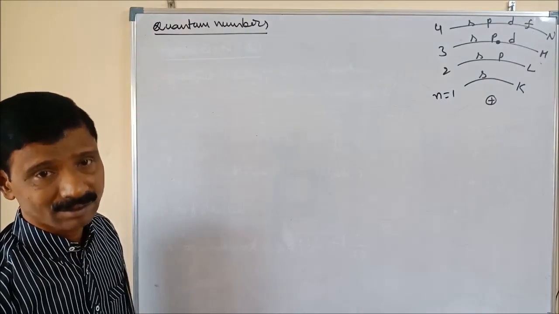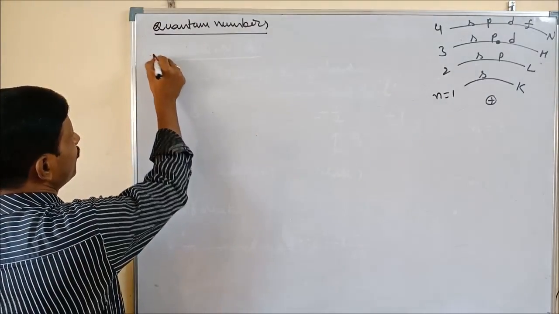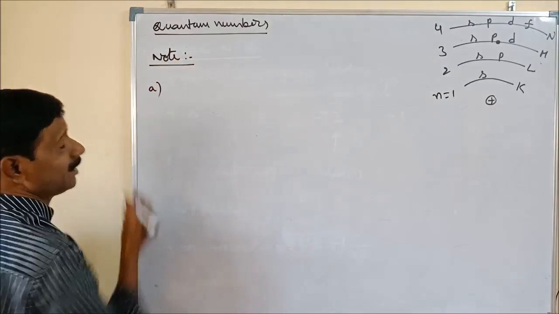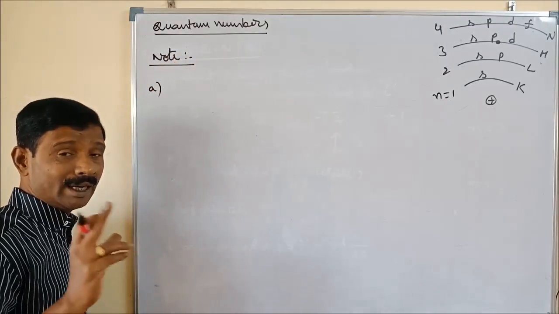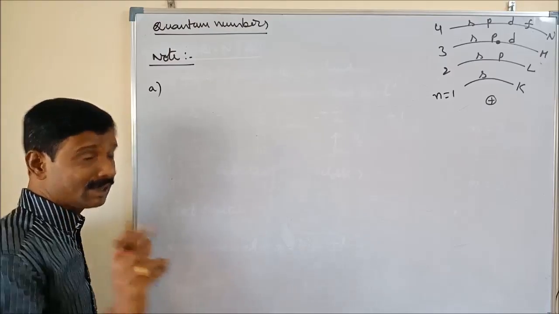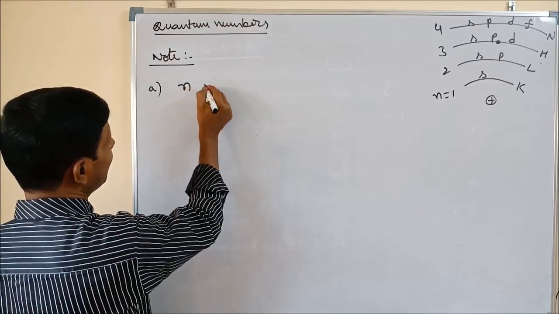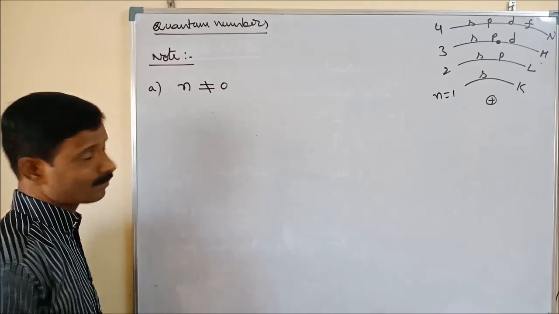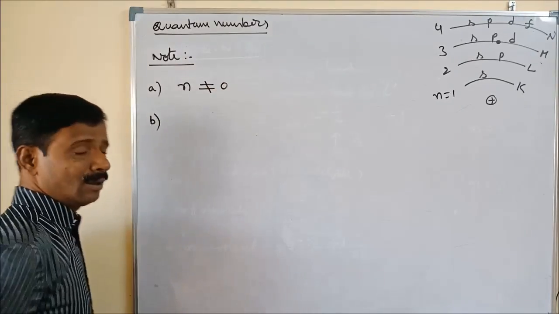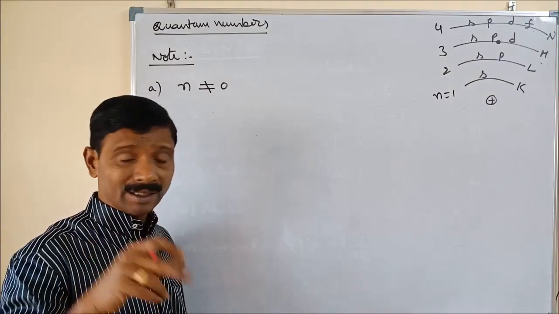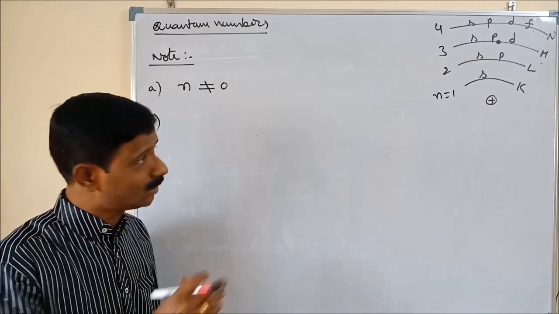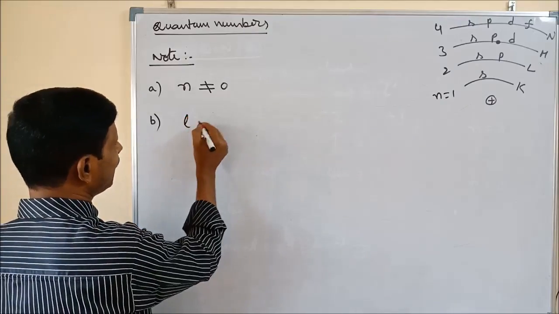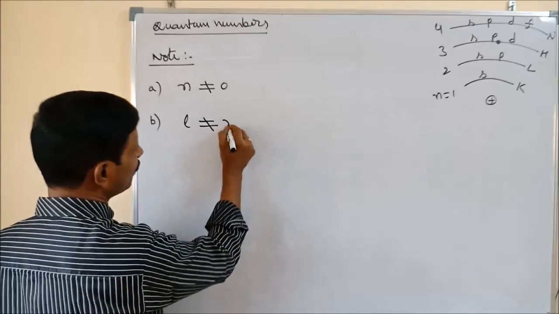Now as far as the questions we are going to expect here, one important model is correct set or wrong set. For that purpose, once again I am mentioning the conditions. The first condition is no electron will have n equal to 0. Means n should not be equal to 0. Another one, the maximum value of L is n minus 1, that is 0 to n minus 1. Means for any electron, L should not be equal to n.